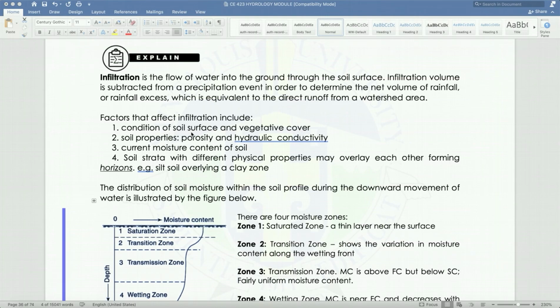Okay? Next is the vegetative cover. Vegetative cover is the presence of plants, grass, and trees. We know that these materials can impede the rate of infiltration, may it be vertical or horizontal. And we can also consider the topography.